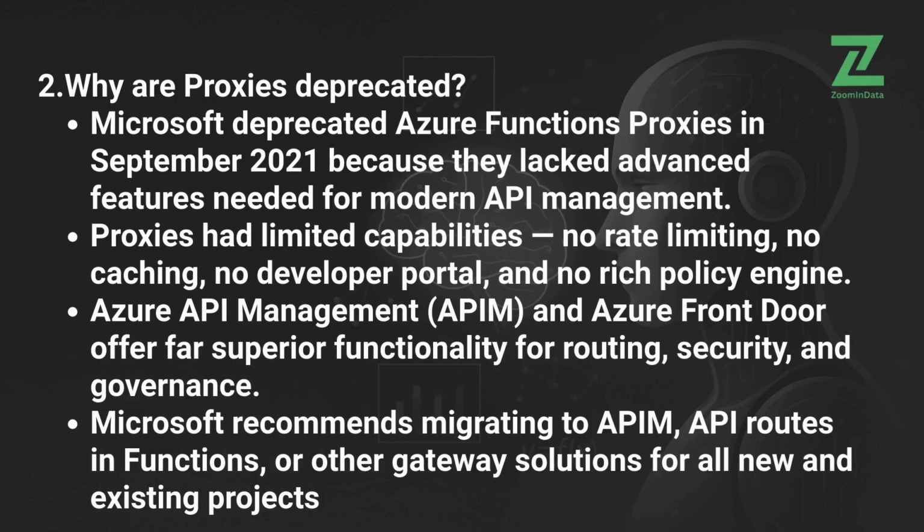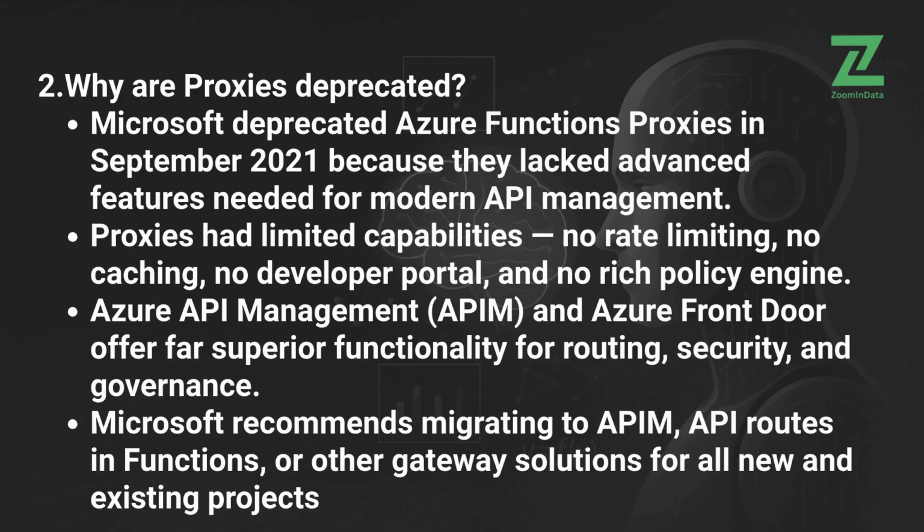Why are proxies deprecated? Microsoft deprecated Azure Functions Proxies in September 2021 because they lacked advanced features needed for modern API management. Proxies had limited capabilities, no rate limiting, no caching, no developer portal, and no rich policy engine.